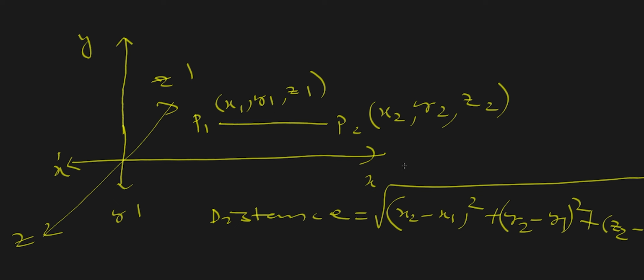This formula helps find how far apart 2 points are in 3D space. Similarly, the midpoint between 2 points is found by averaging their coordinates.